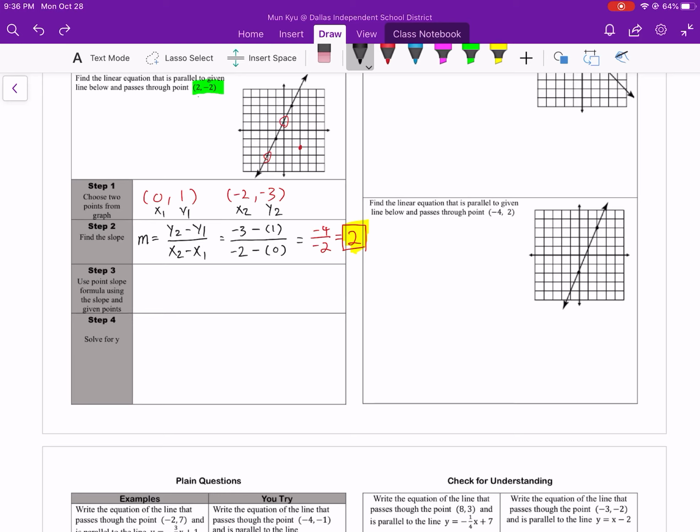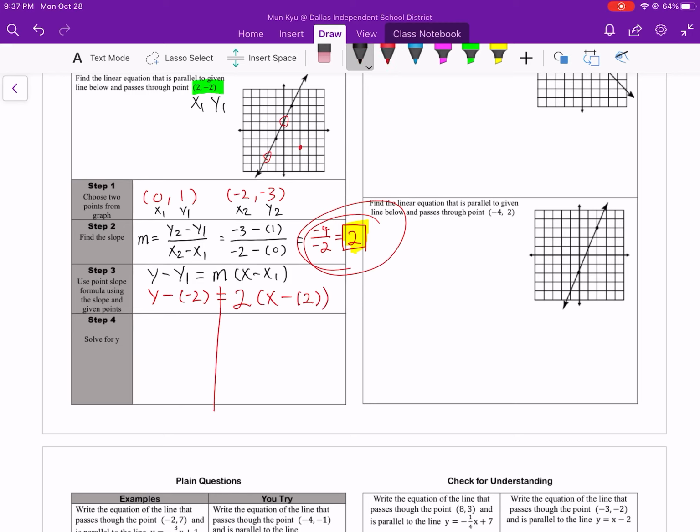So this is going to be our x1, y1. Here we go. y minus y1 is equal to slope times x minus x1. Let's plug in one by one. y minus our y1, in this case, is -2, equals the slope, which is 2, and x minus x1 is again positive 2 here.